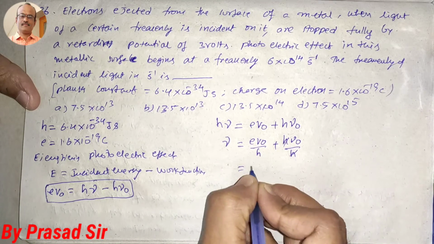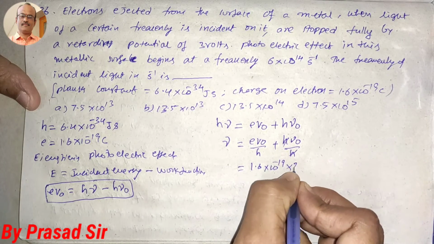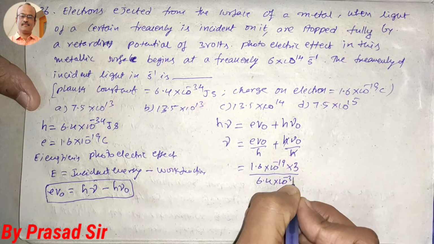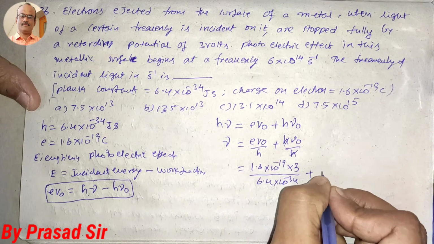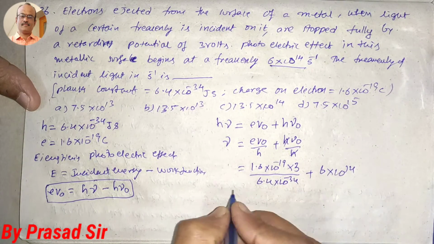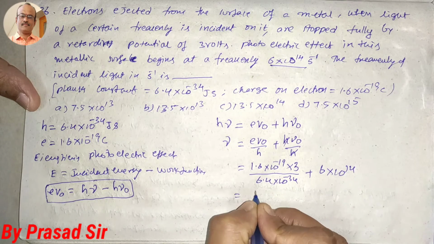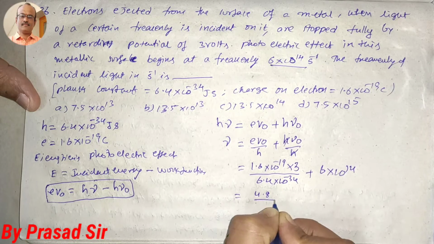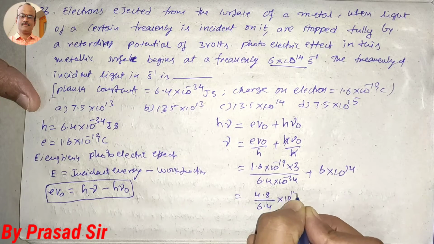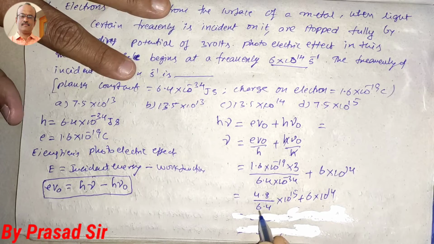h gets cancelled. So e is nothing but 1.6 into 10 to the power of minus 19, and V0 is nothing but 3, divided by 6.4 into 10 to the power of minus 34, plus this frequency given here, 6 into 10 to the power of 14. On simplification, we are getting 4.8 divided by 6.4 into 10 to the power of 15 plus 6 into 10 to the power of 14.